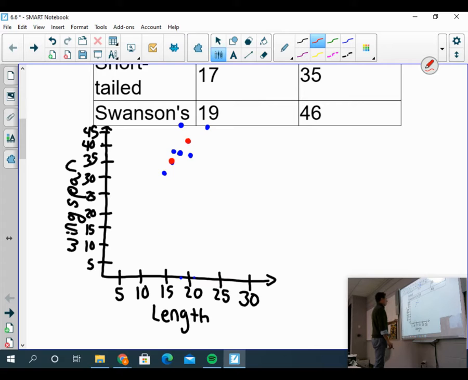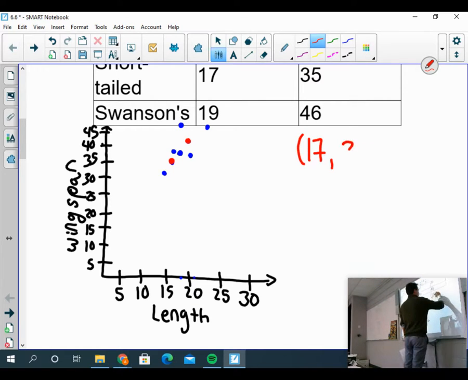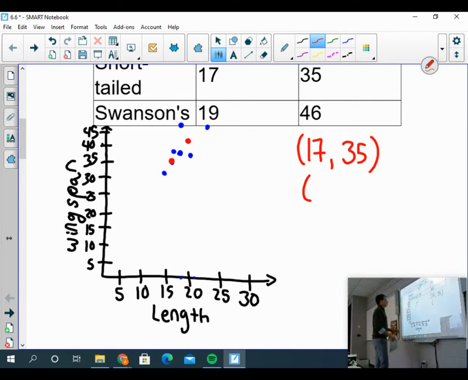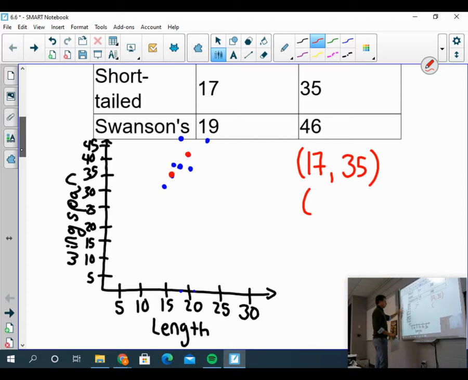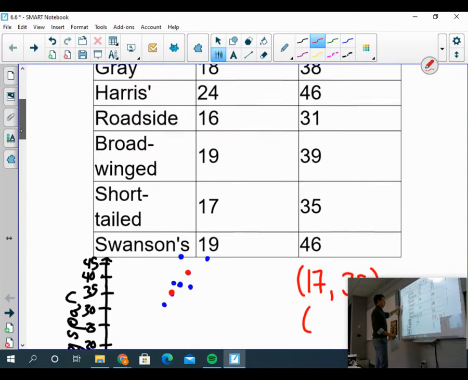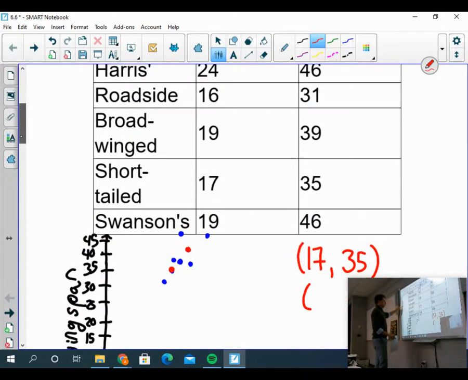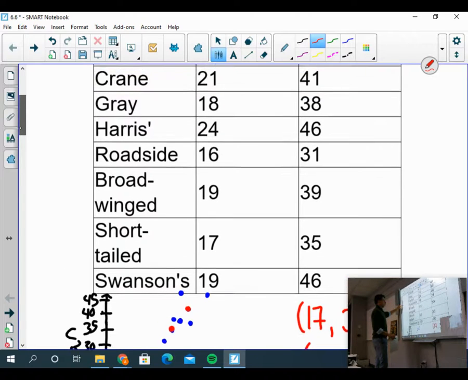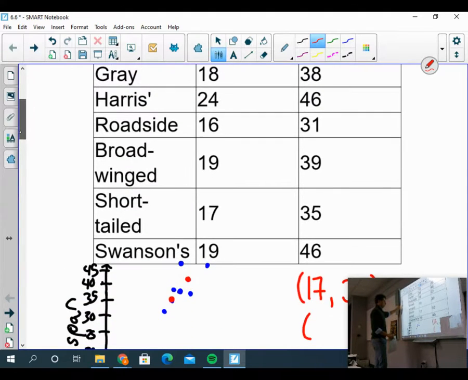What were those 2 points? Well, one of them was 1735, and the next one was 2141.